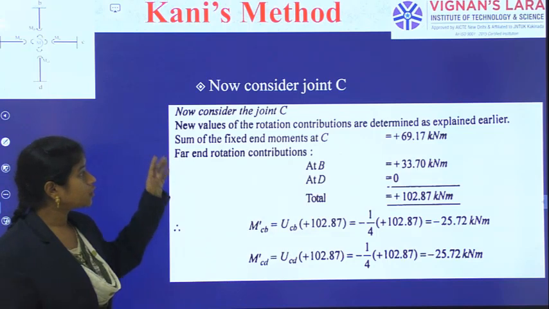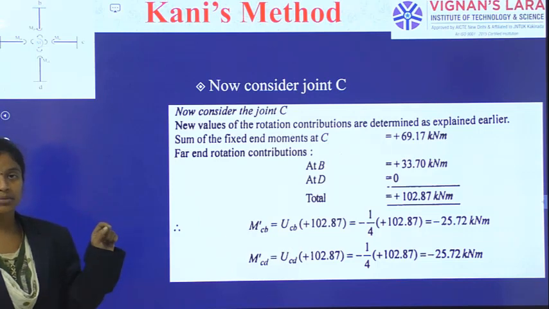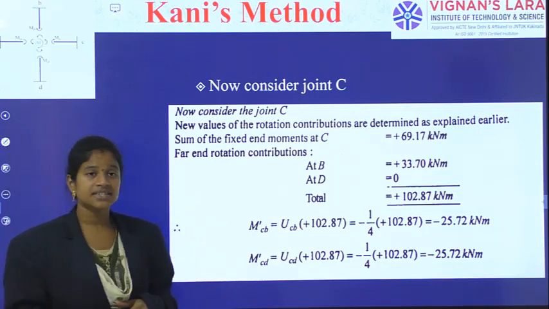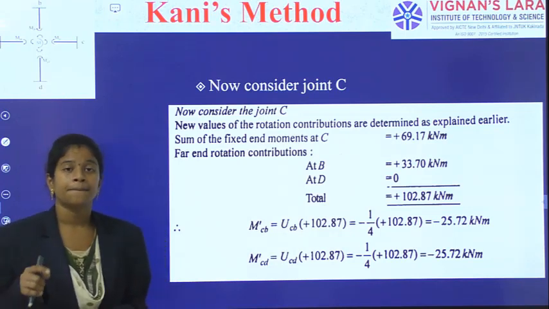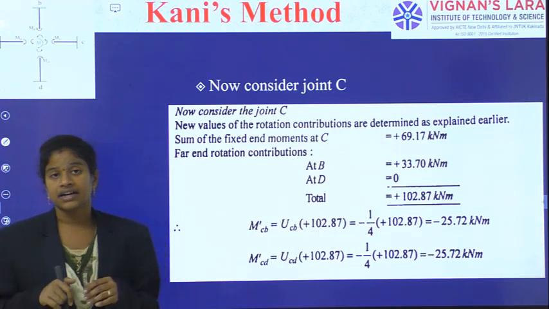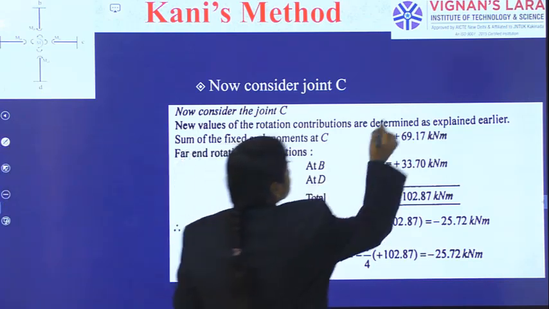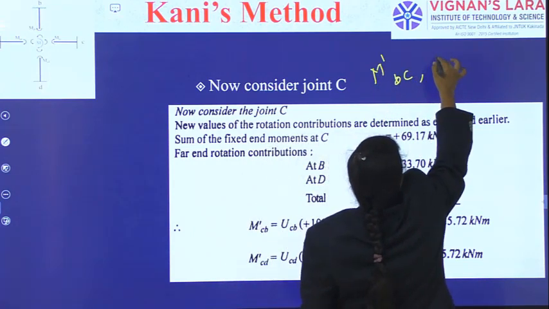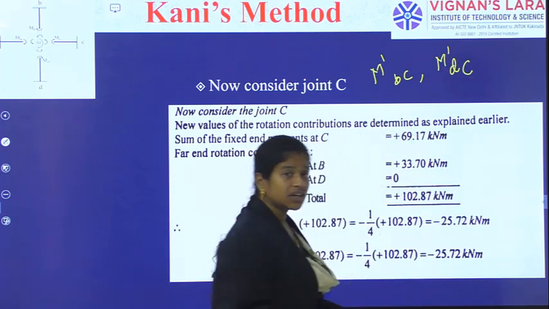So the new values of the rotation contribution are determined, which I explain as below. Firstly, the sum of the fixed end moments at the joint C is plus 69.17, and then the rotation contributions from the far end.